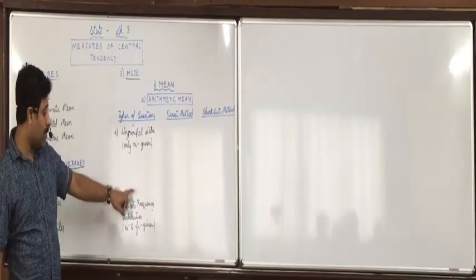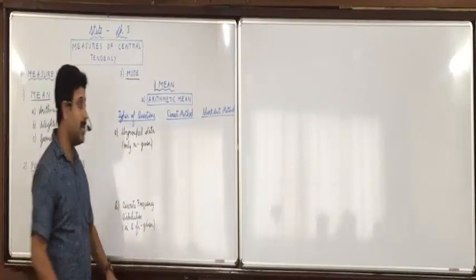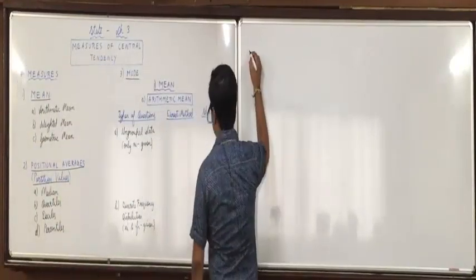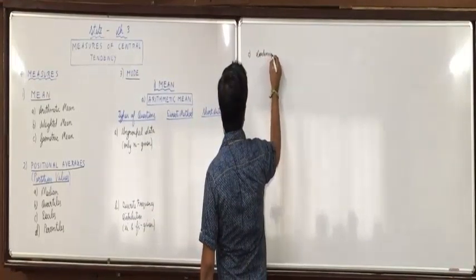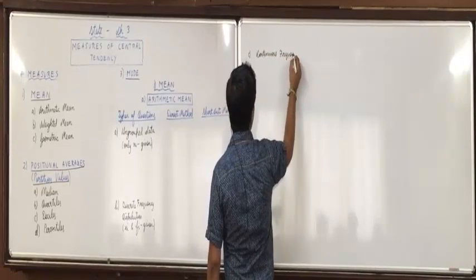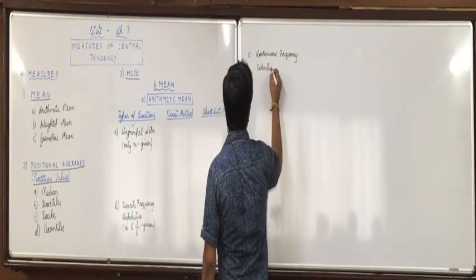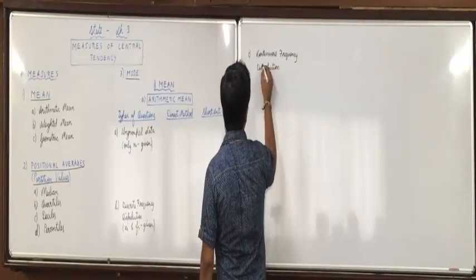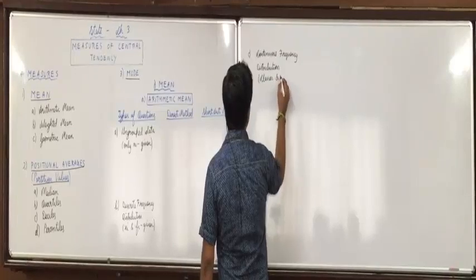Only observations. What will be given in discrete frequency distribution? Grouped data, observation and frequency. And one more is there, which is continuous frequency distribution, where you will be given classes and frequencies.